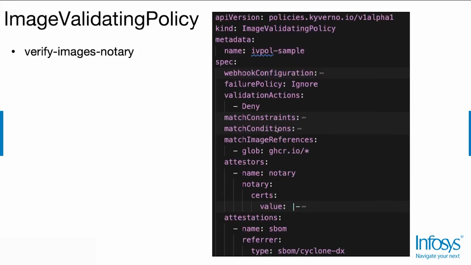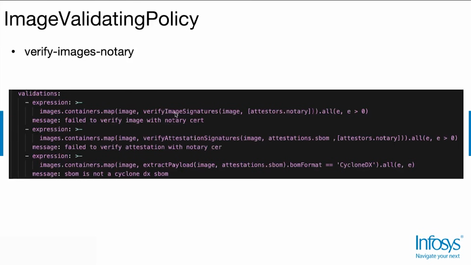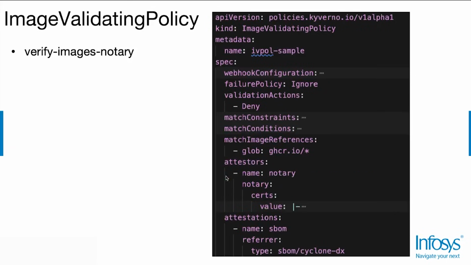Remember, I have the attester notary specified here, attached with the certificate I used to sign the image. So that means your incoming image must be signed with this notary cert.